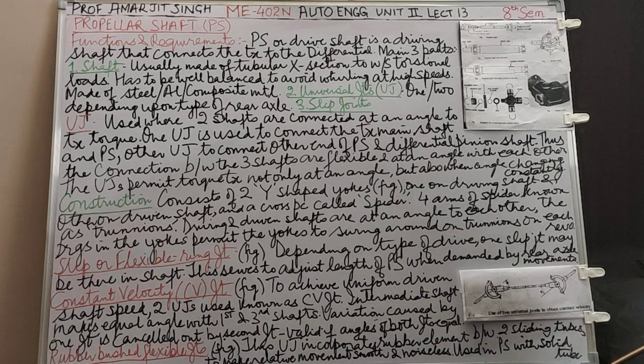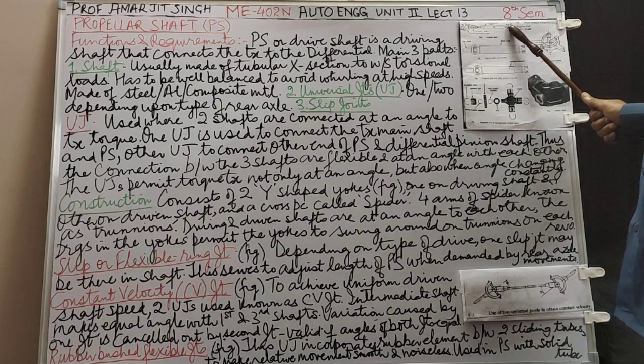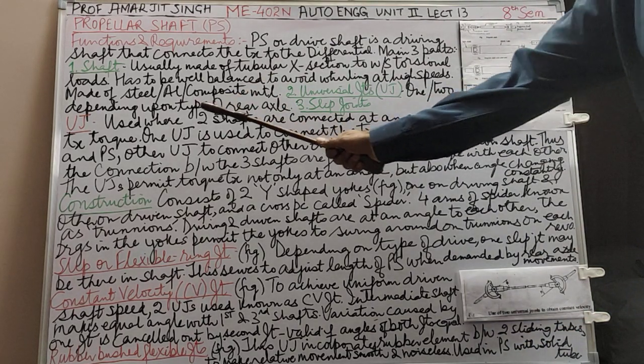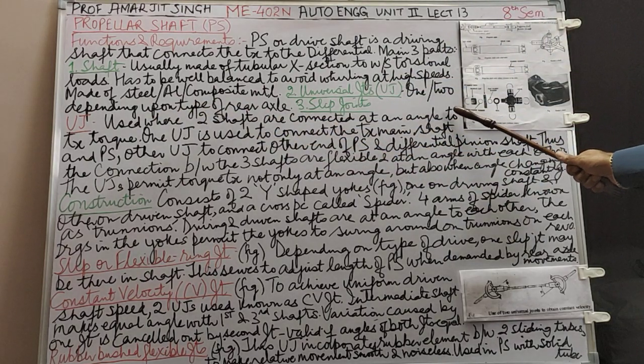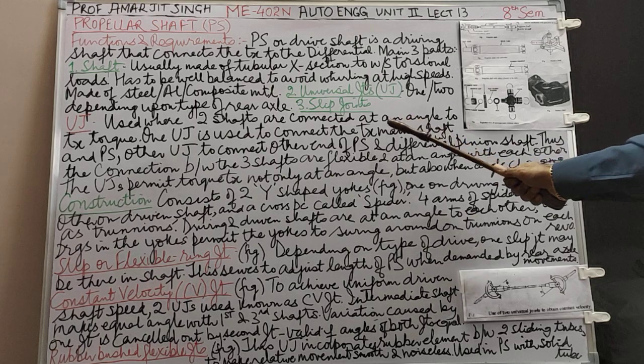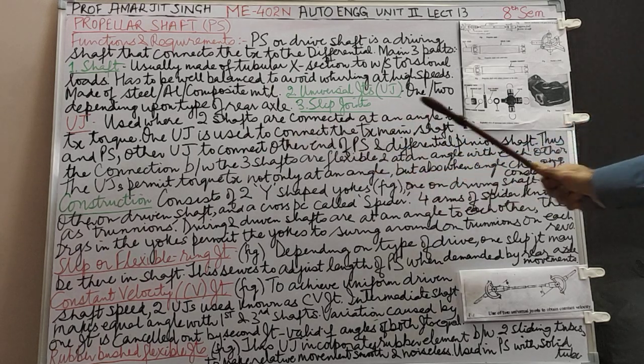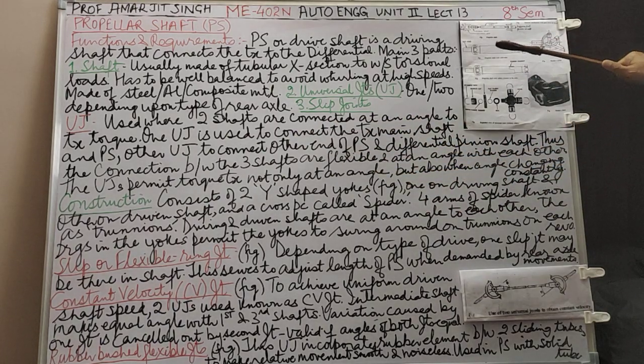Now first, let us come to the universal joint. As I mentioned, this is a universal joint. It is used where two shafts are connected at an angle to transmit torque. Look at the angle.